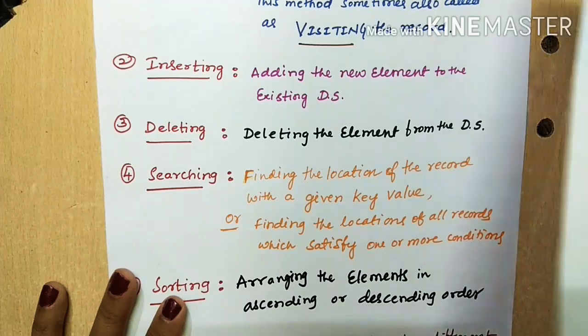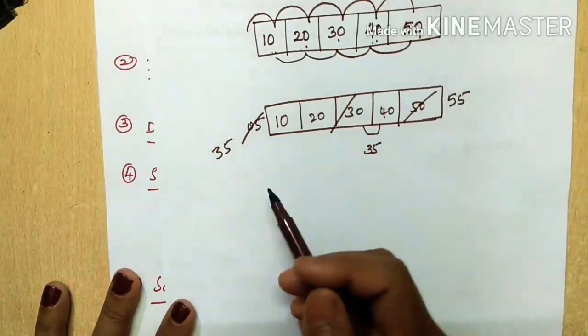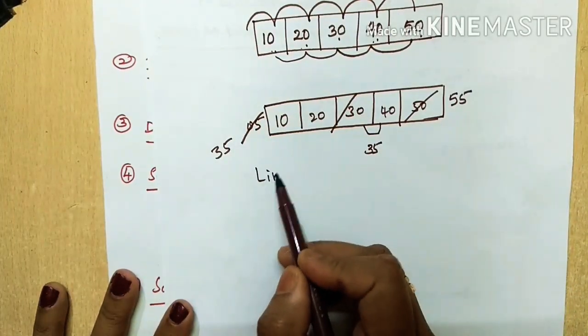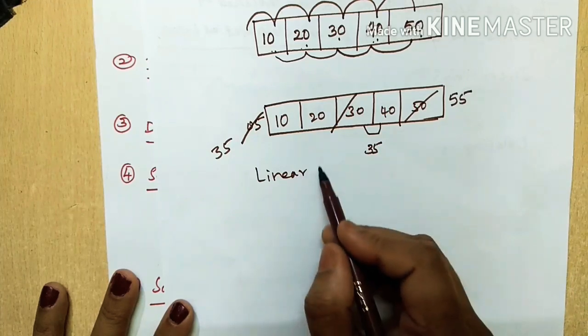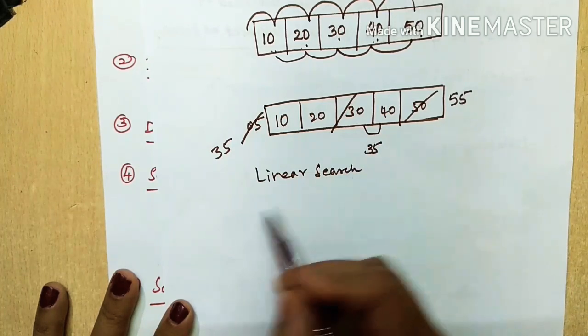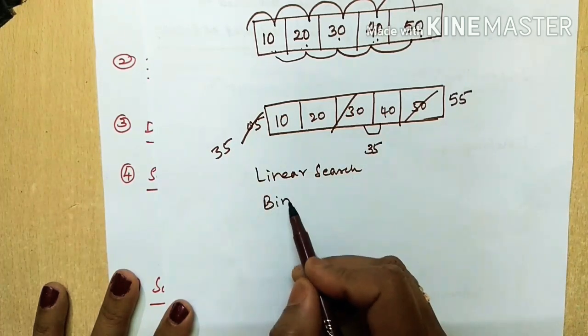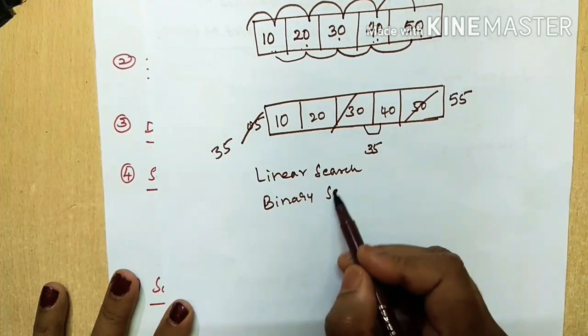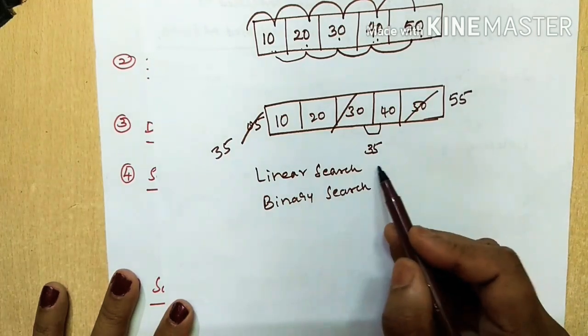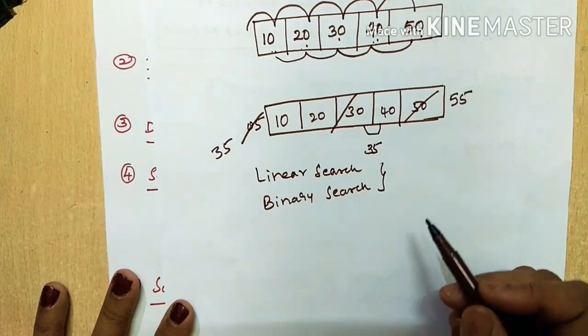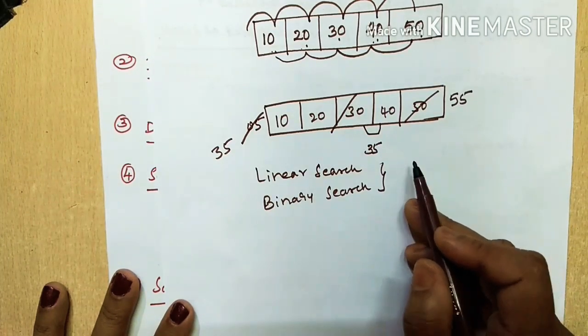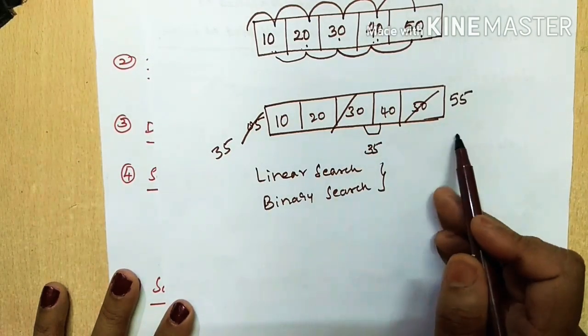See here, we have two types of searching. One is called linear search and the other is called binary search. With these two methods, we are going to search the required elements which are stored.